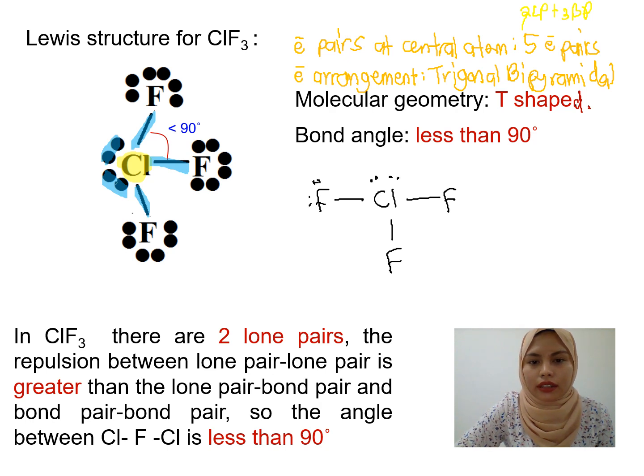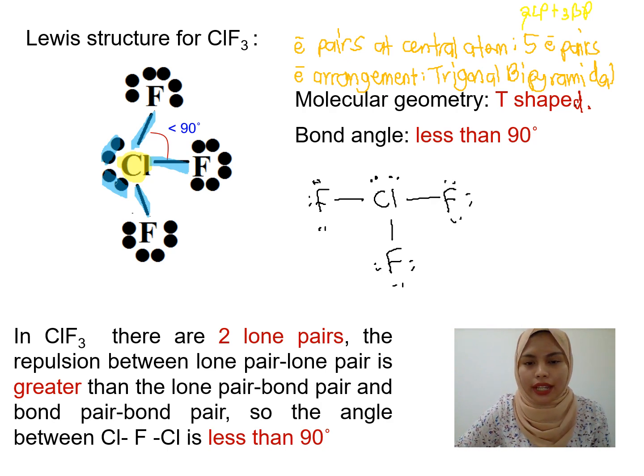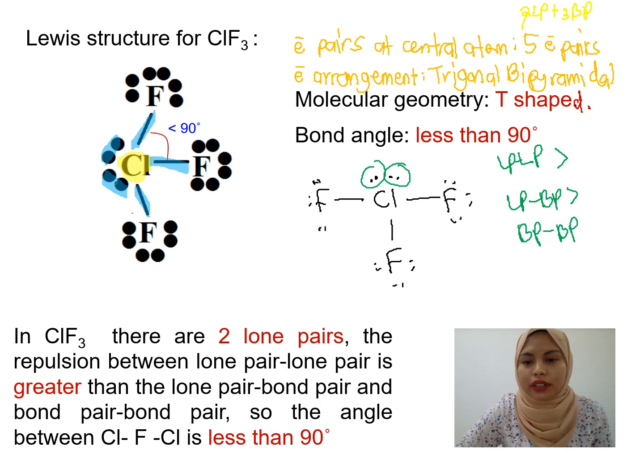Okay, and then if you look at the central atom, okay, central atom ni dia ada lone pair dan juga lone pair punya type of Vesper repulsion. Okay, so as you know, in Vesper theory stated that lone pair punya repulsion is greater than lone pair bonding pair punya repulsion, and it is greater than bonding pair punya repulsion.